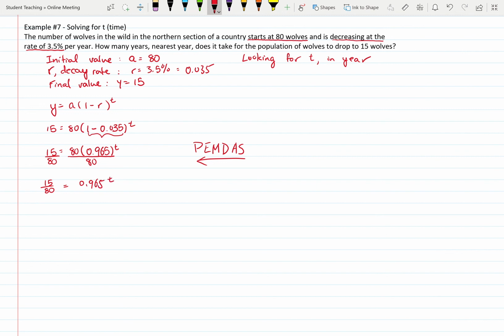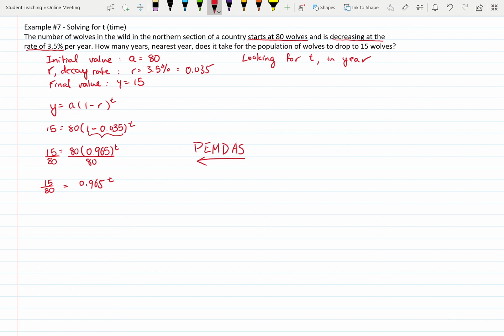Now here comes the interesting part. We don't know what t is. We want to solve for t, and t is an exponent. Which function can help you solve for exponents? It's the logarithm. Logarithm helps you find out what t equals.